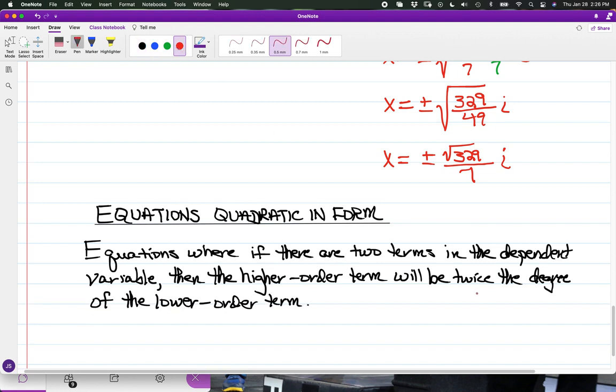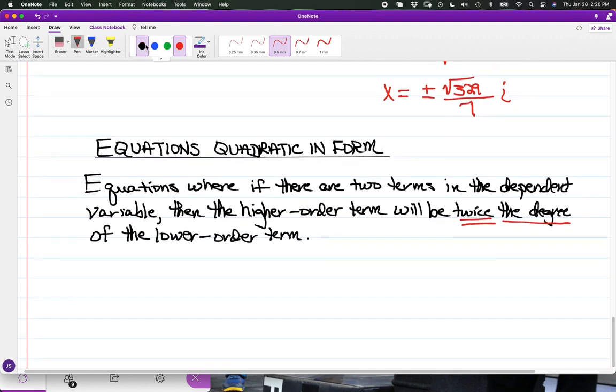Now place emphasis on this: twice the degree. And just as samples of equations that are quadratic in form.